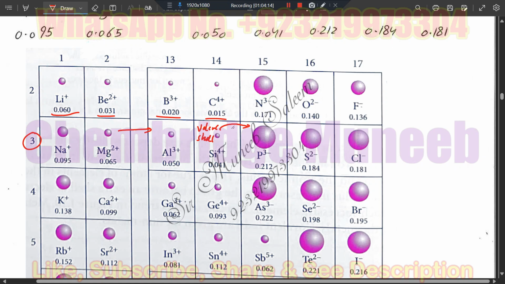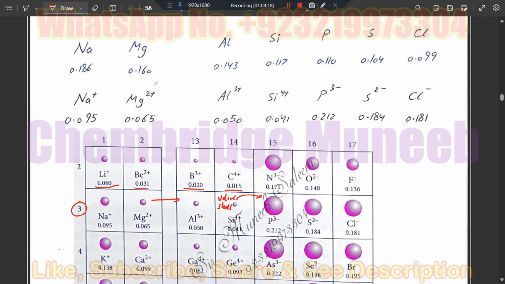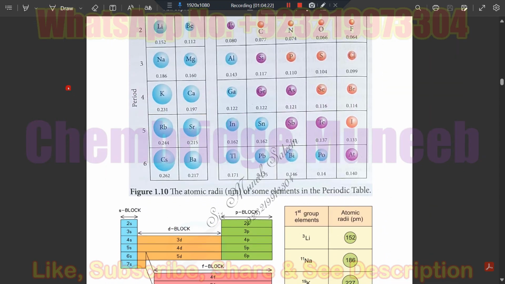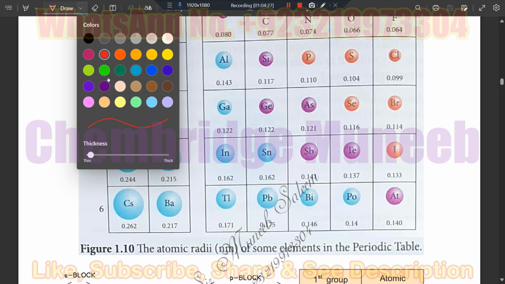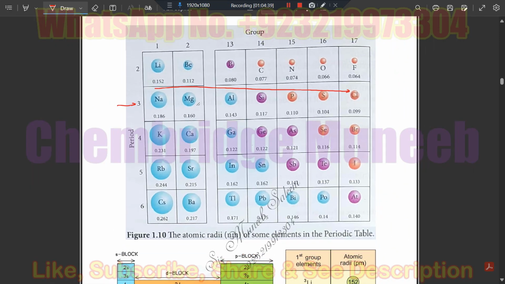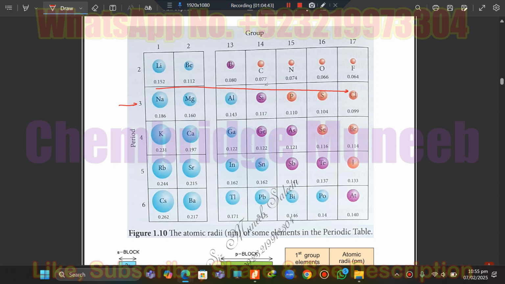However, when we look at atomic sizes, moving from left to right, the size of the atoms is decreasing across a period. Again, this is the third period, and we can see clearly the size is decreasing. So when they are in the neutral form, the size will decrease. However, when they are in the ionic form, the size will increase from cations to anions.